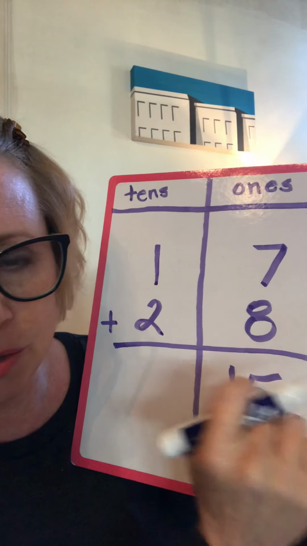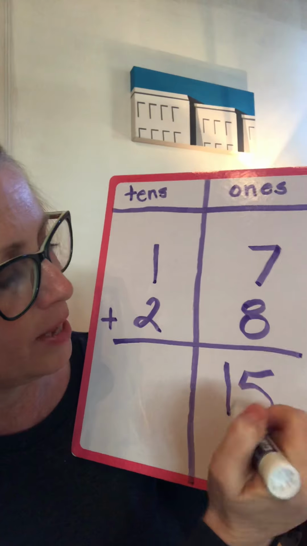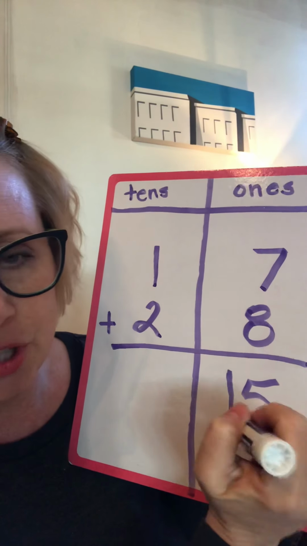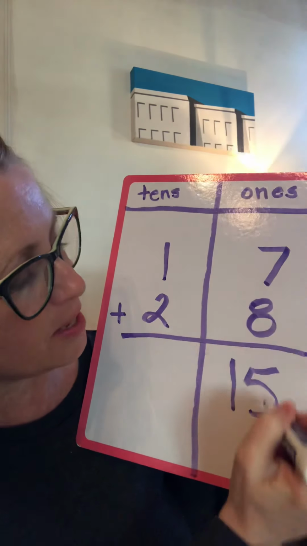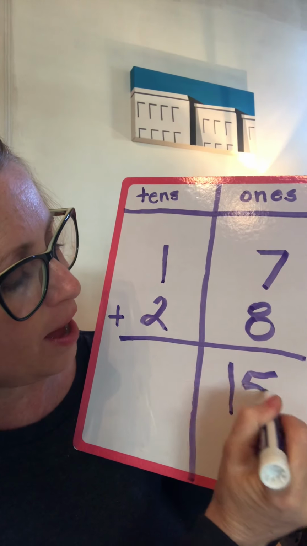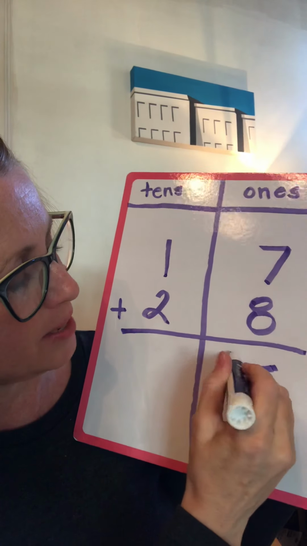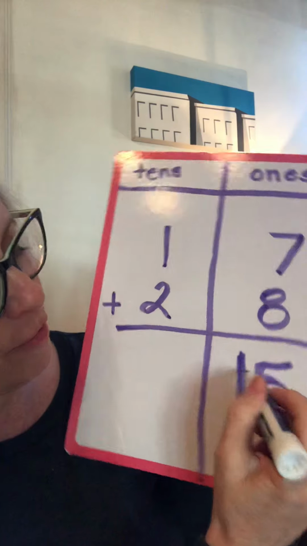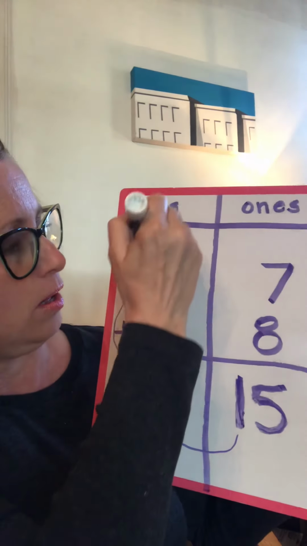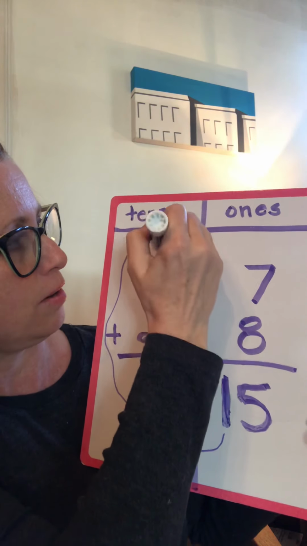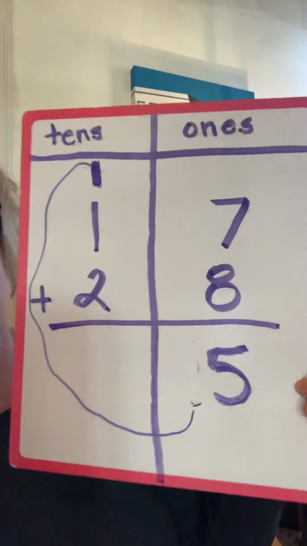If you've added the 1s column and it has 2 digits, you are going to leave the number that's in the 1s column, which is the 5, and you are going to take the number that's in the 10s column of 15, and you're going to move it all the way over here into the 10s, and you're going to erase that.